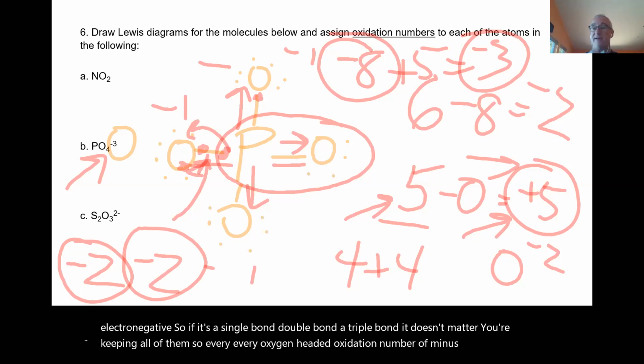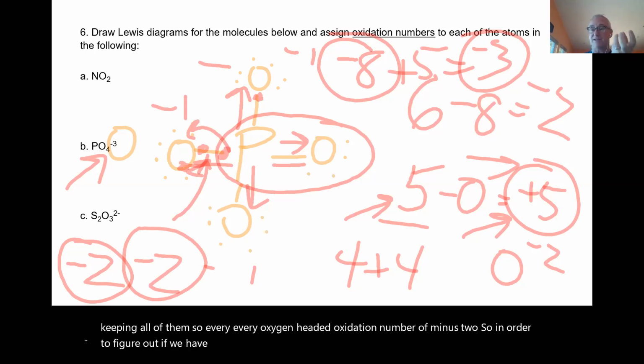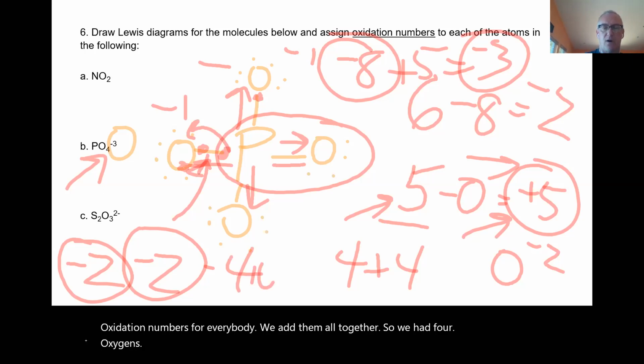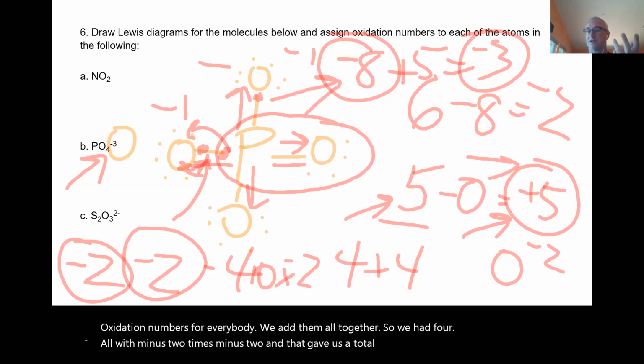So in order to figure out if we have the right oxidation numbers for everybody, we add them all together. We had 4 oxygens, all with -2, and that gave us a total of -8 for the oxygens.